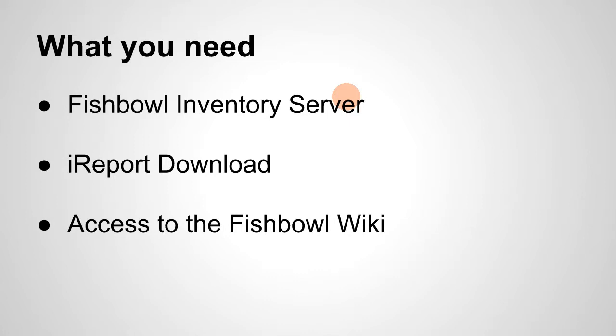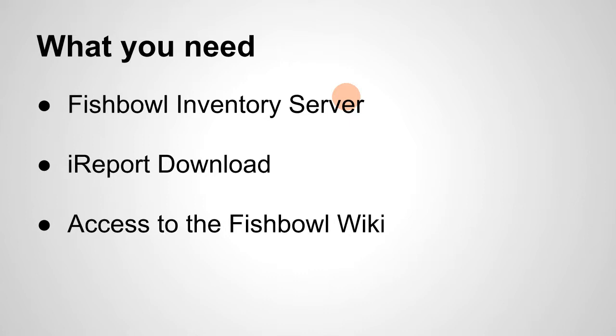Second, you need to download the iReport file for your particular Fishbowl inventory version, and you do need to follow the Fishbowl Warehouse and Manufacturing wiki that describes how to install iReport properly for Fishbowl. Deviating from those instructions actually will cause the errors that I've seen posted online, things not working with certain error messages.